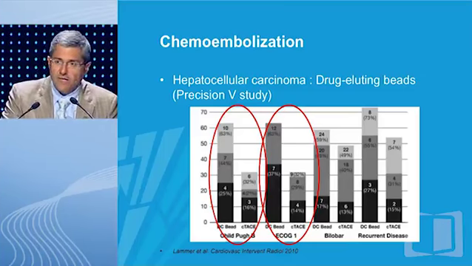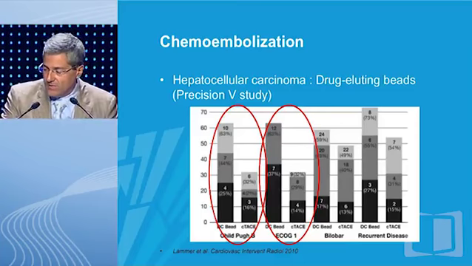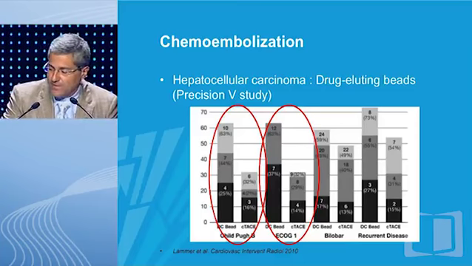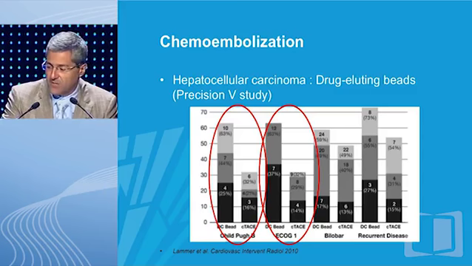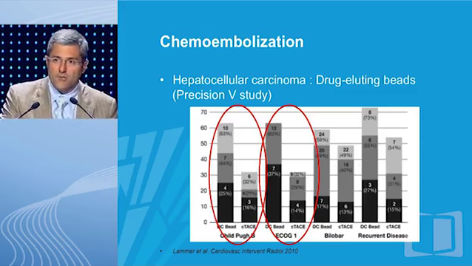So what's then the added value of the drug-eluting beads? This has been demonstrated by the PRECISION V study. In general, there was no survival benefit using these drug-eluting beads. However, in some subtypes of patients, the patients with drug-eluting beads did clearly better than patients treated with conventional TACE.